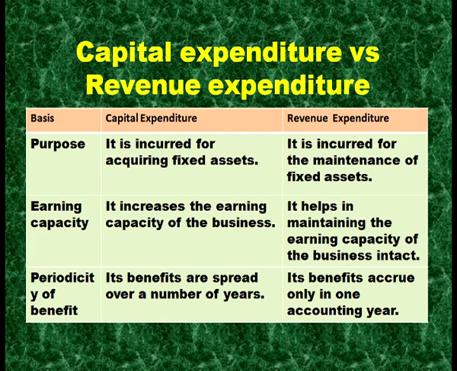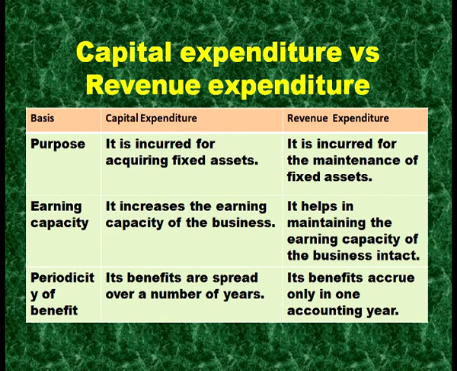After that, if you spend some amount on repair and maintenance or whitewashing that cinema hall, then it becomes a revenue expenditure. If you see the earning capacity, capital expenditure increases the earning capacity of the business, whereas revenue expenditure helps in maintaining the earning capacity of the business intact.